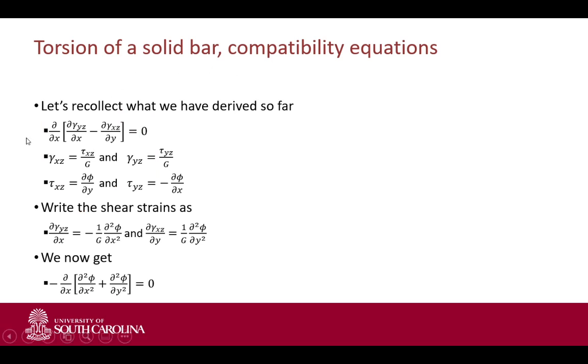And what we do there is we plug back in our relation between stress and strains, and we plug back in our relation between the Prandtl function phi with respect to tau xz and tau yz. And then we can rewrite the shear strains as follows, and we can combine that with our given function above to get a new compatibility equation.